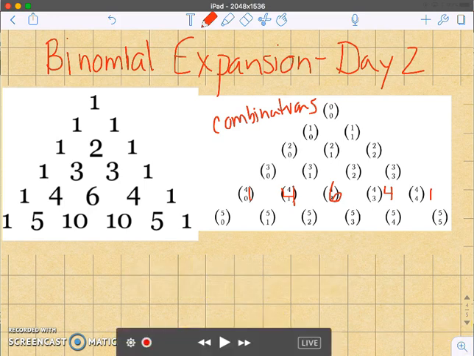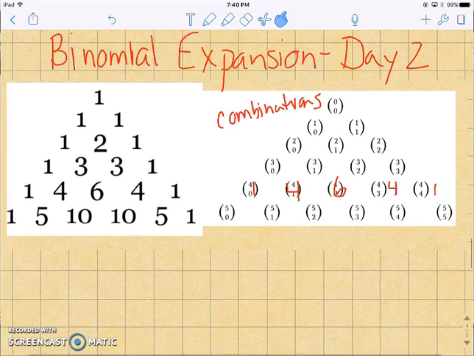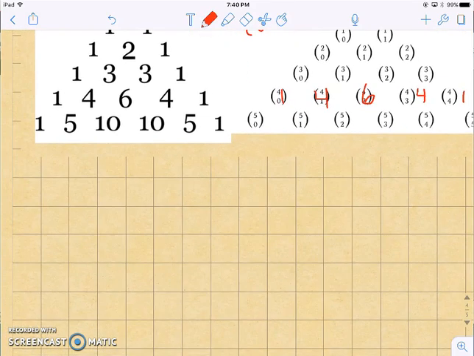So what we're going to do is see if we can do some expansions similar to yesterday, but using this idea of combinations.